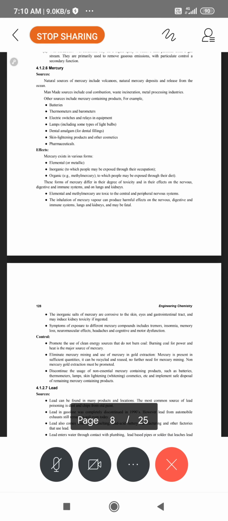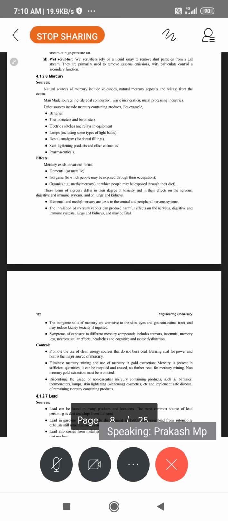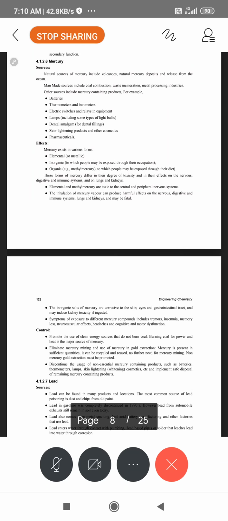For mercury sources, we can reduce, reuse, and recycle. We can stop coal burning. Stop mercury mining, its addition to coatings of metals, and gold extraction. Avoid it in hospitals also. Instead of mercury, we can use alcohol thermometers. If we do use it, don't throw it carelessly into the atmosphere.